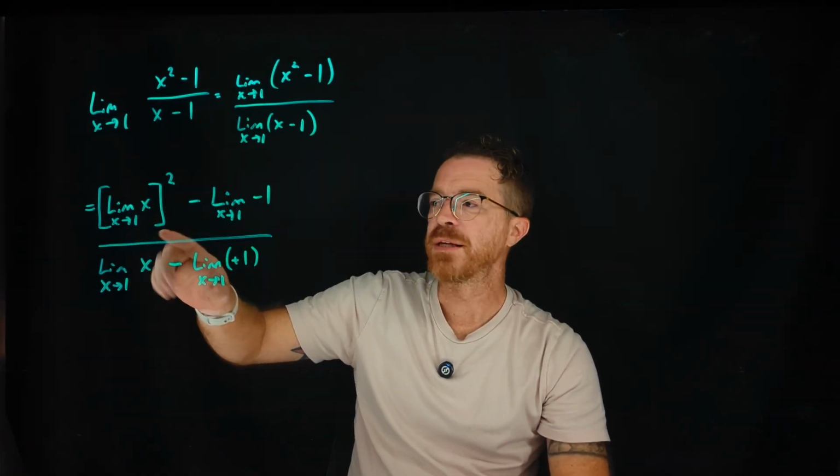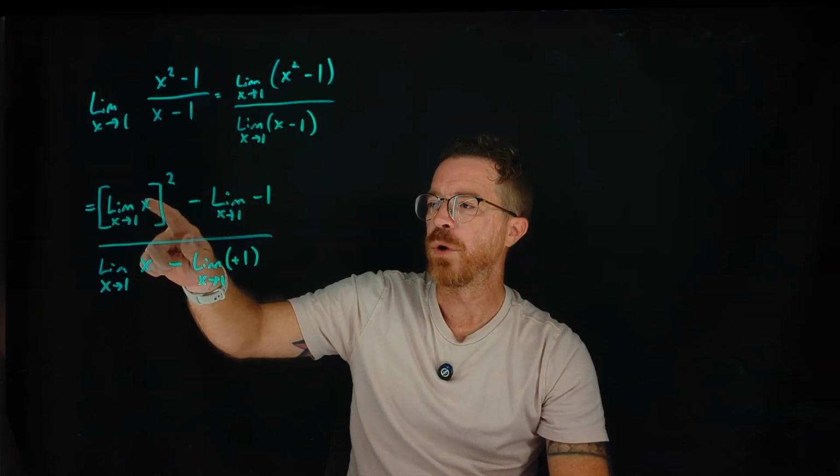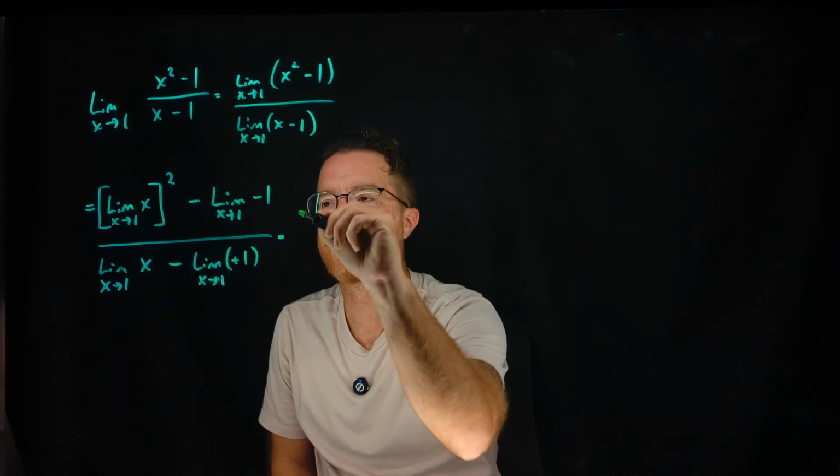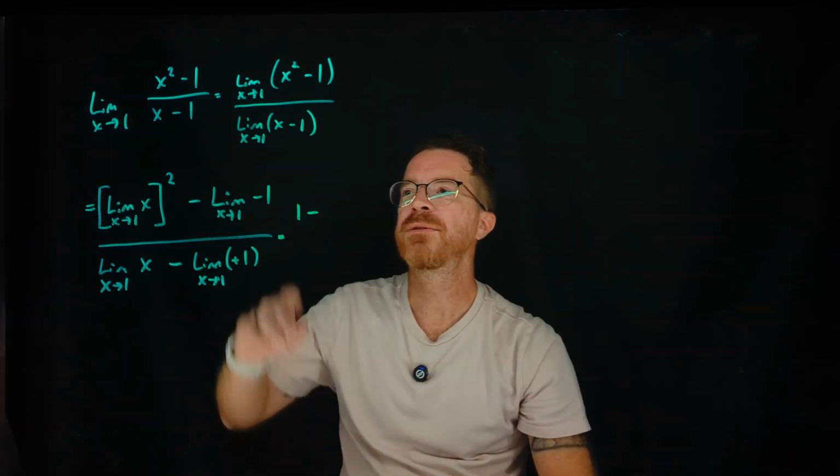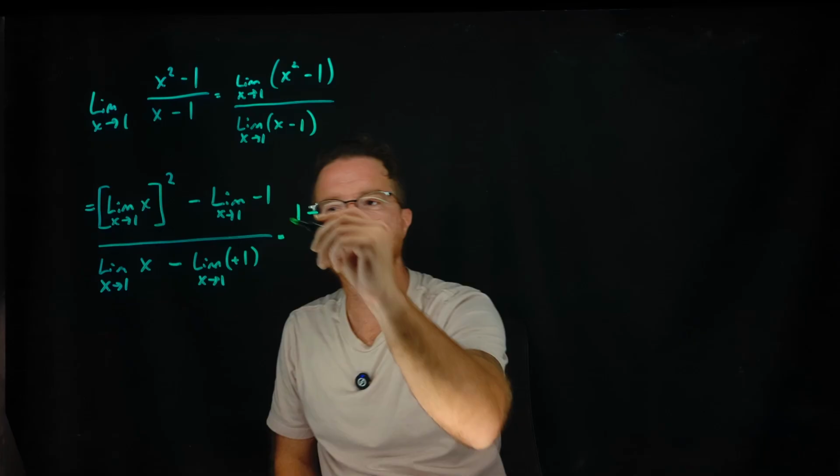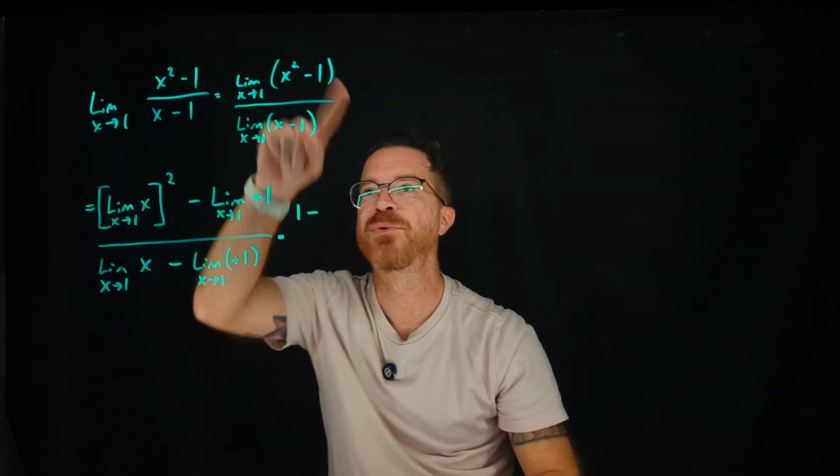So now if we were to evaluate this, if I were to plug in 1 here, I would get 1 squared. So this is going to be equal to 1 minus, I also did the same mistake earlier, this should be plus 1 because I pulled that minus out.